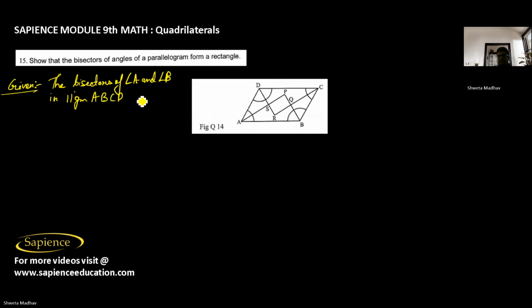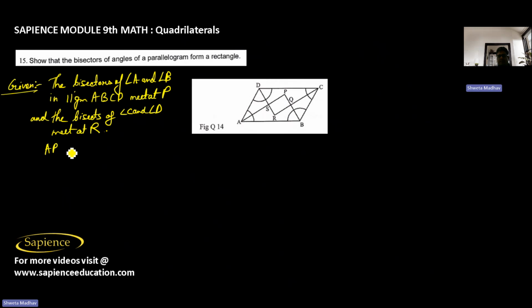So suppose it is given that the bisectors of angle A and angle B in parallelogram ABCD meet at the point P, and the bisectors of angle C and angle D meet at point R.